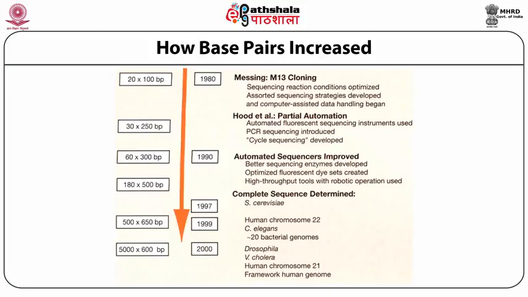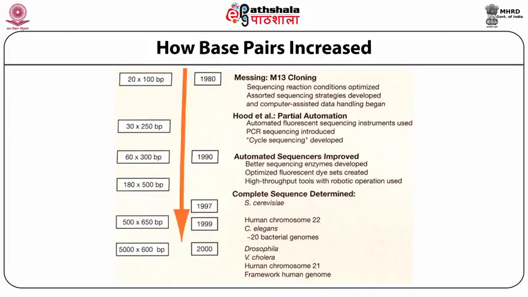In 2000, the complete genome sequence of Drosophila was proposed. Vibrio cholerae, which causes cholera, was sequenced completely. Human chromosome 21, which is associated with Down syndrome, was sequenced completely. So in 2000 only, the framework of the human genome was proposed, and very soon in 2003, the complete human genome was sequenced and published.